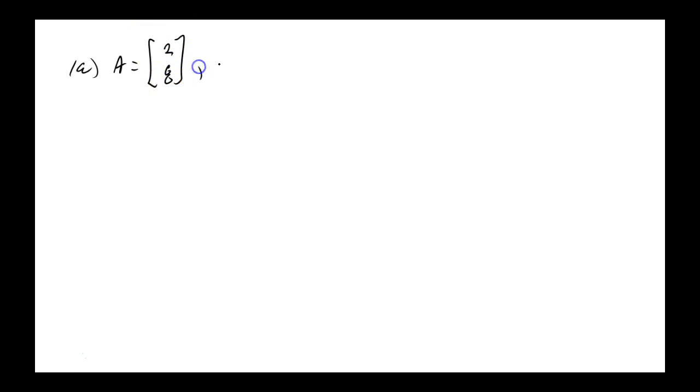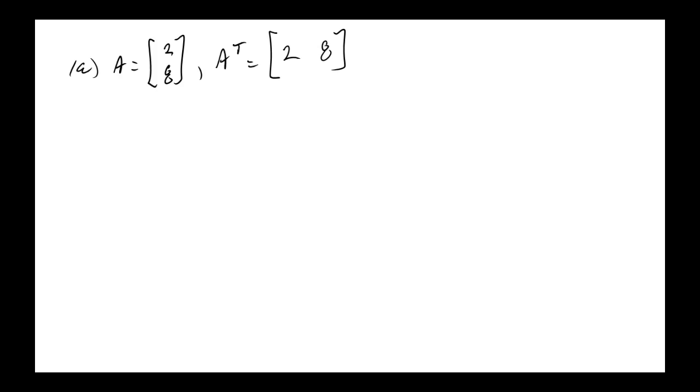What is A transpose? It's also 2-8, but now it's horizontally 2-8, not vertically 2-8. You exchange the rows and columns.